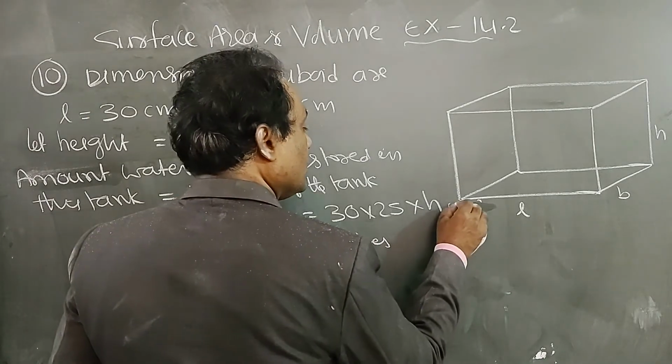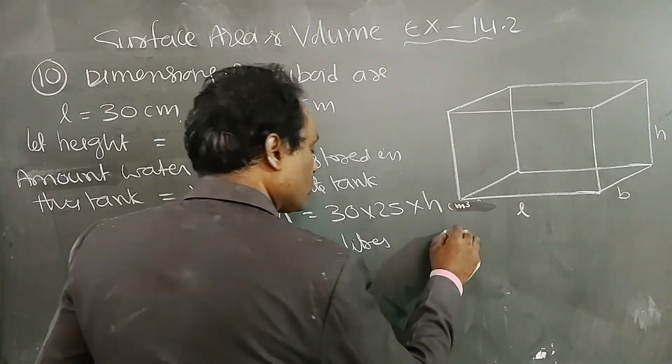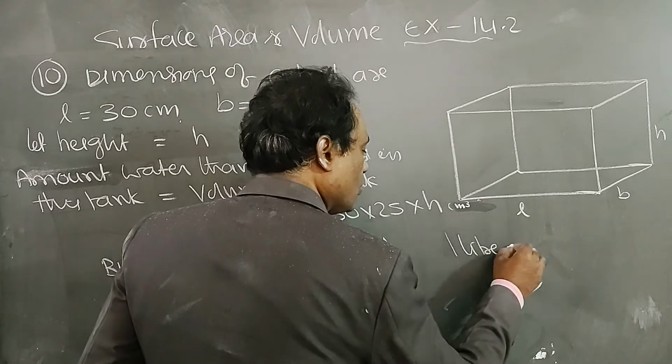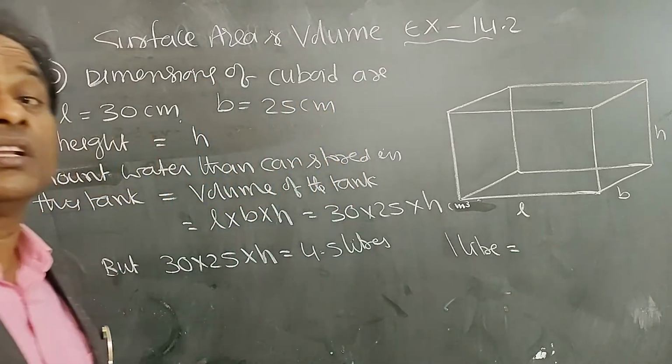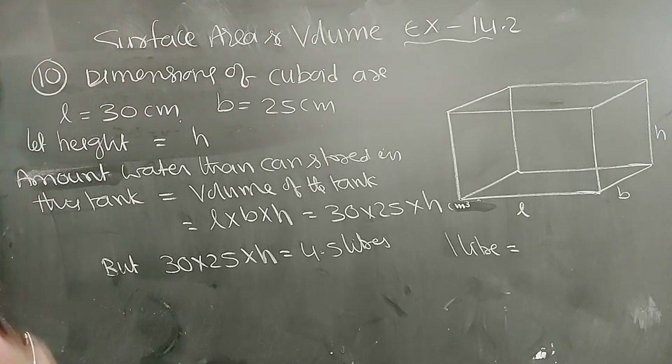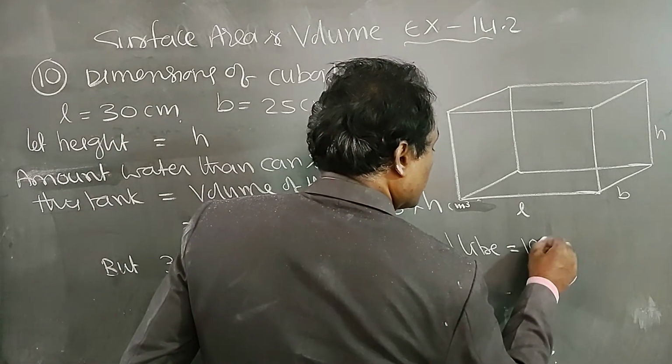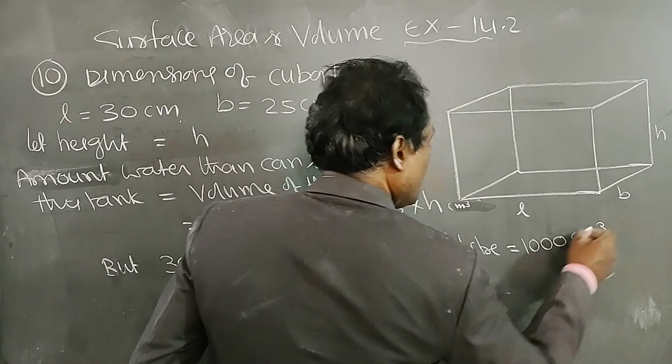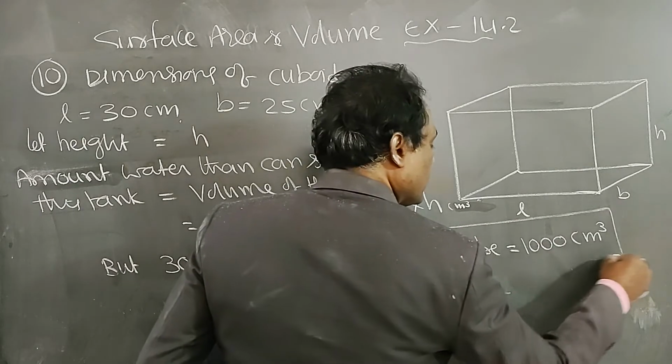So liters, convert it into centimeter cube. See here, students, there is a conversion at the end of the chapter. Already we are using it, but once again you can check. So 1 liter is equal to how many centimeter cube? 1000 centimeter cube.